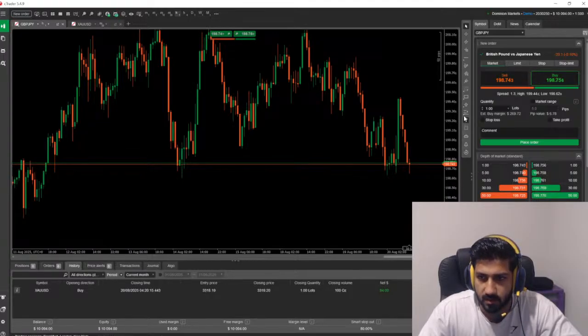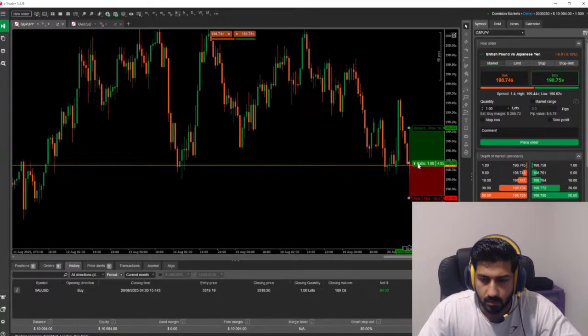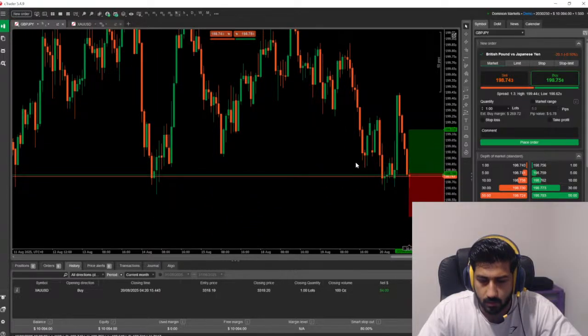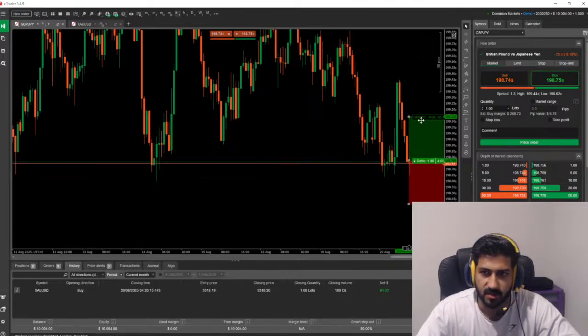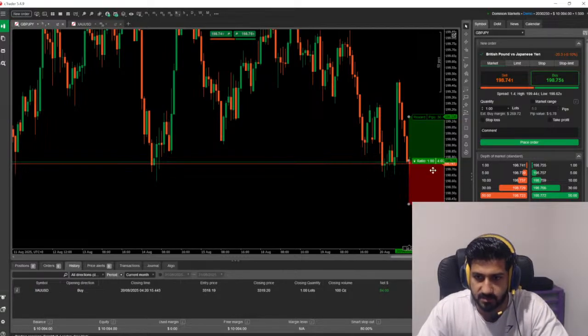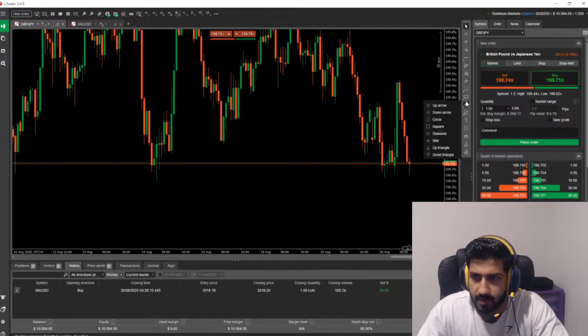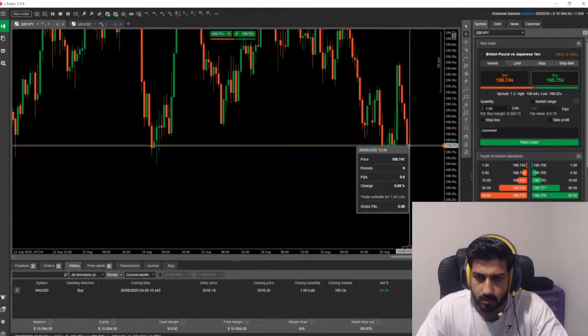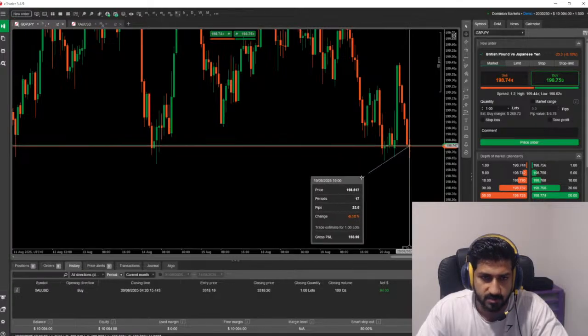And let's see. I don't know how I can bring the chart on the left hand side so I have more room on the right. So let's exit this. Close this, brother. Okay. 12 pips.